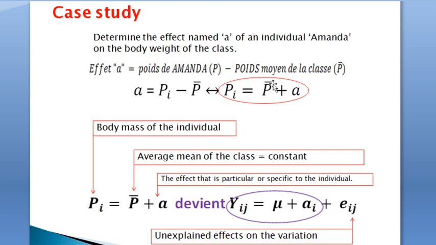Now, this equation is mathematically translated into this information, whereby Pi is the body mass of the individual Amanda. Here P bar is the average mean of the class.